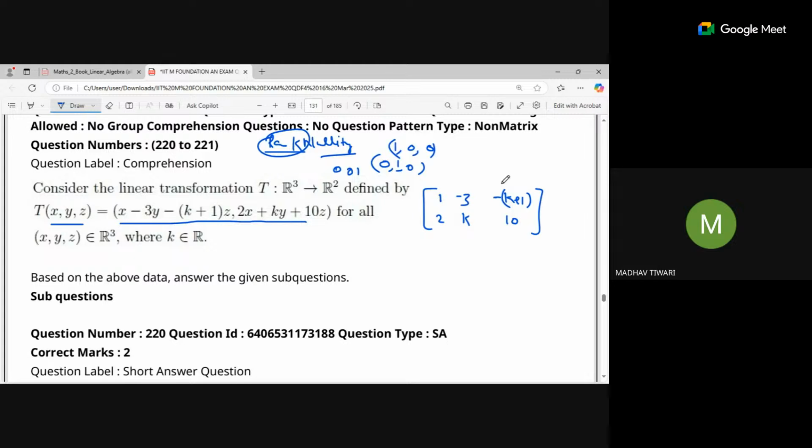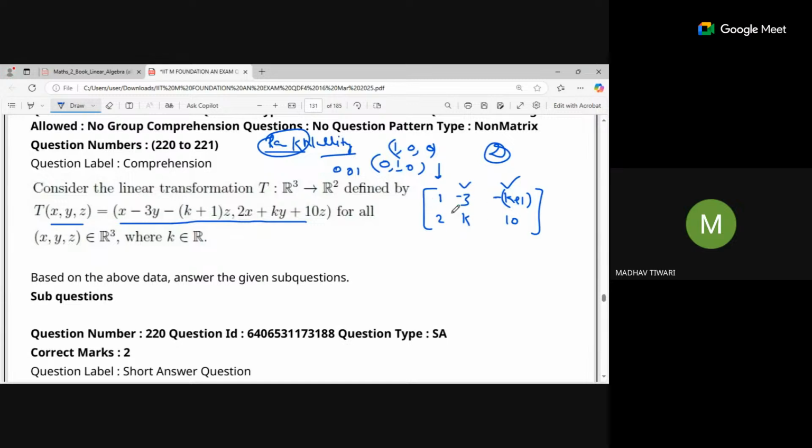So if its nullity is 2, I can say that out of these three columns, two columns are dependent on one, which means one column will be linearly independent. Suppose this is linearly independent because it is first, so it will have the pivot. I have to make the below one 0. So this vector is a multiple of this and this is also a multiple of this.